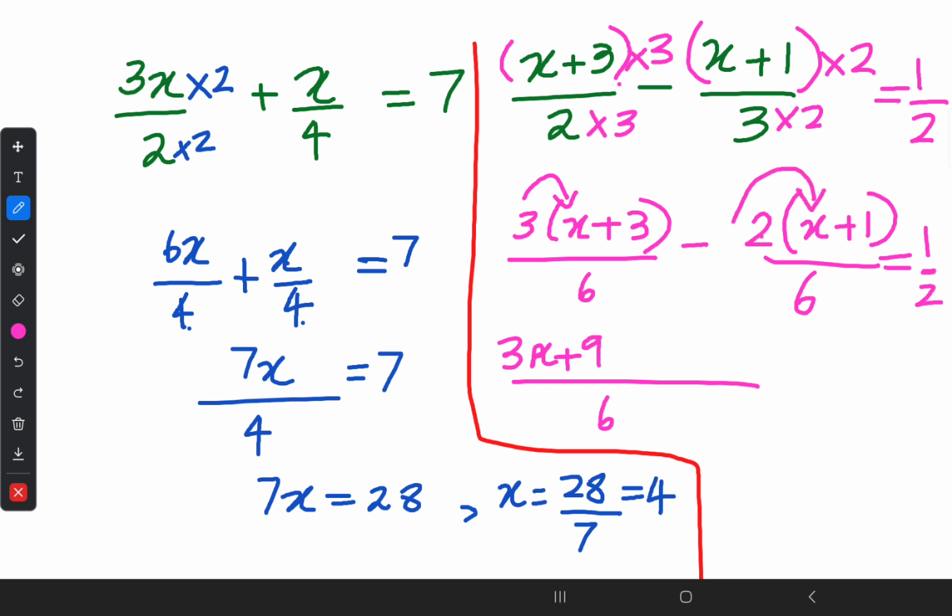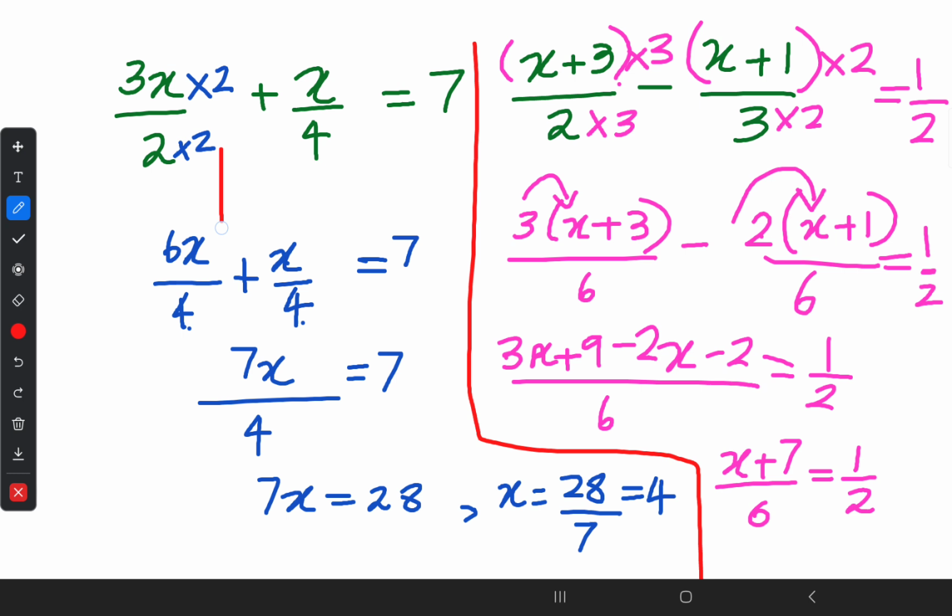Negative 2 times x, negative 2x, negative 2 times 1, it is negative 2. That equals half. 3x minus 2x is x, plus 7 upon 6, equals half. Thereafter, I will write the rest of the question over here. (x + 7)/6 equals half.